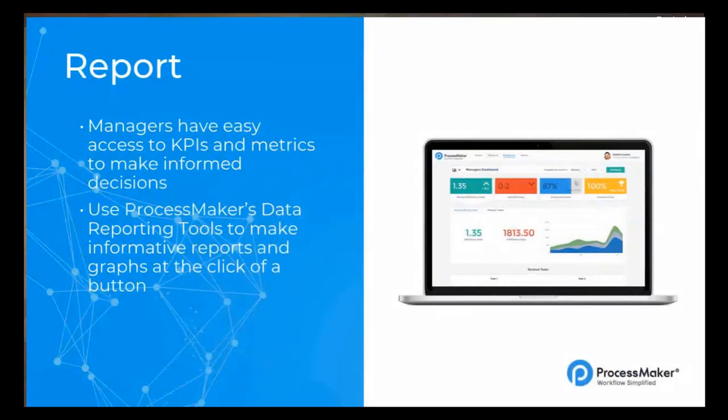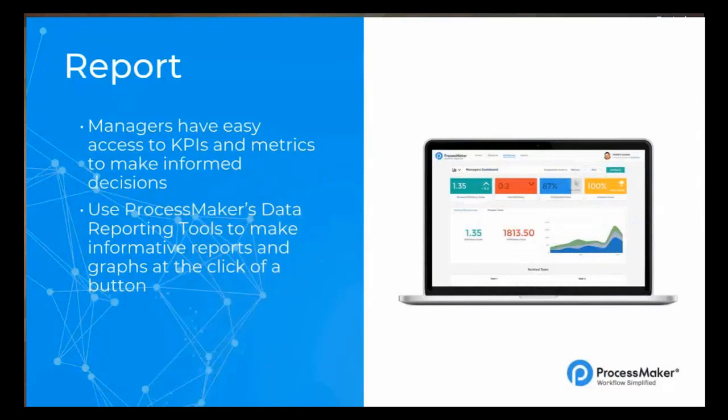Managers have easy access to KPIs and metrics to make informed decisions. So ProcessMaker automatically calculates employee and process efficiency, which both can be easily accessed from the dashboard that you can see here in this picture. ProcessMaker also uses data reporting tools to make informative reports and graphs at the click of a button.